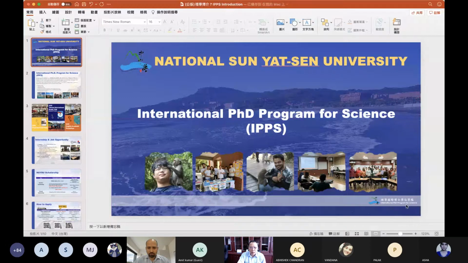Okay, so in our university, we have 4 medical related institutes. The first one is the biomedical science institute, and the second one is the medical science and technology institute.